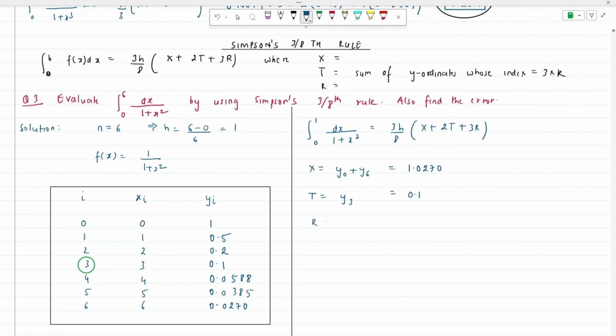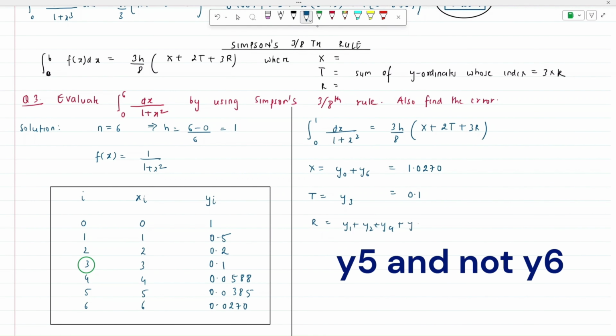And lastly R, which is the sum of the remaining ordinates. So that's going to be y1 plus y2 plus y4 plus y5, and that comes as 0.7973.